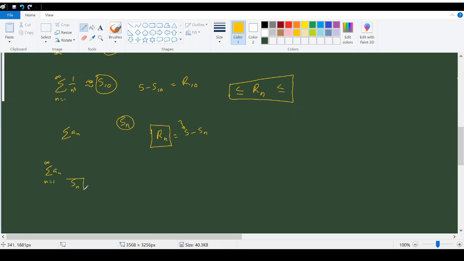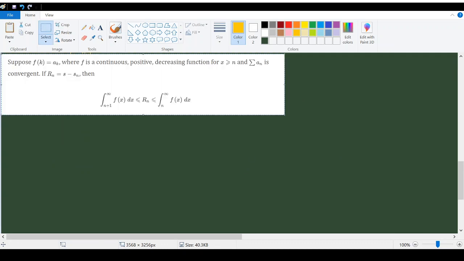We have the addition of the first n terms, and Rn represents the error, that means the difference between the addition of the first n terms and the actual answer. So Rn is the difference between these two things, and this inequality is as follows.